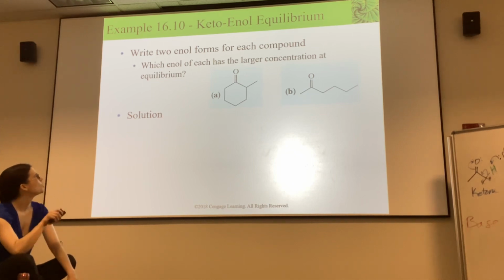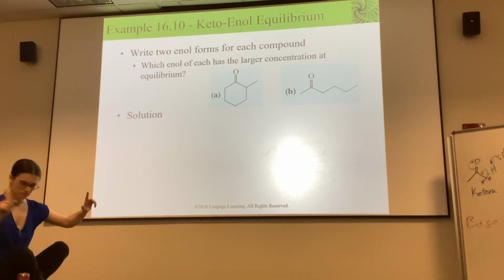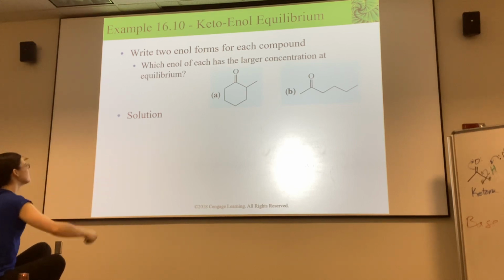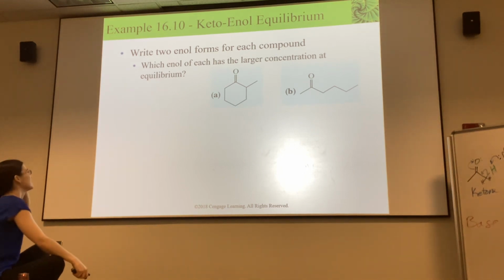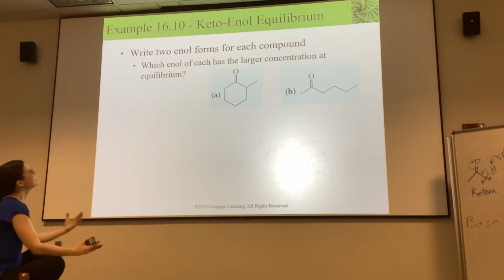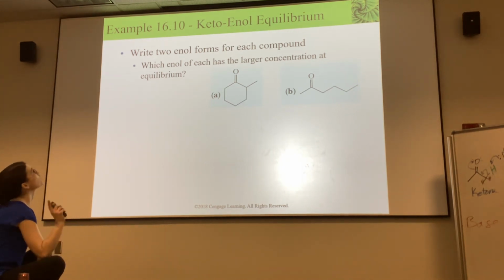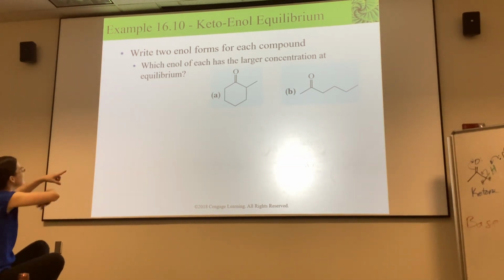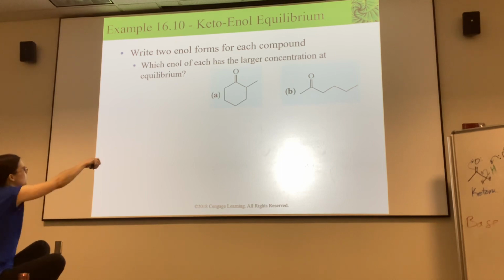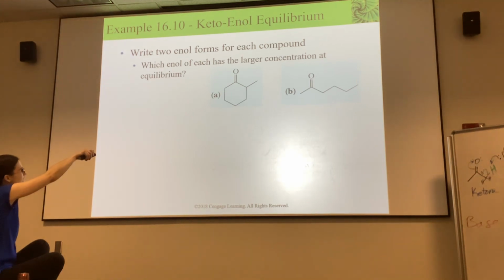So for A, which side of the carbon do you think is going to have more partial negative charge? Because it can go both ways, like we can do 3 resonance structures here, but which one on this one do you think is gonna have more negative character?